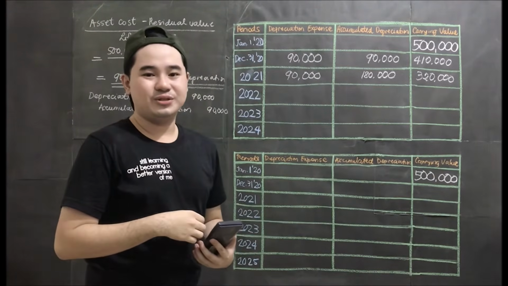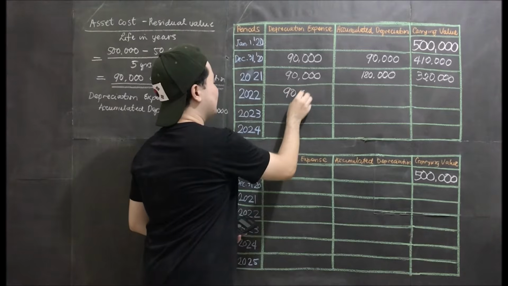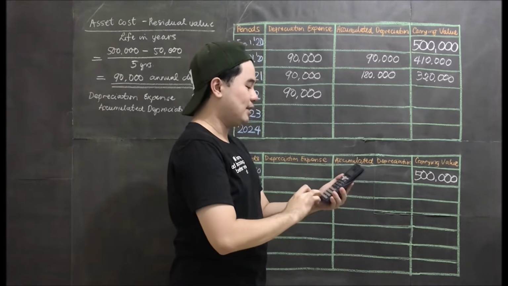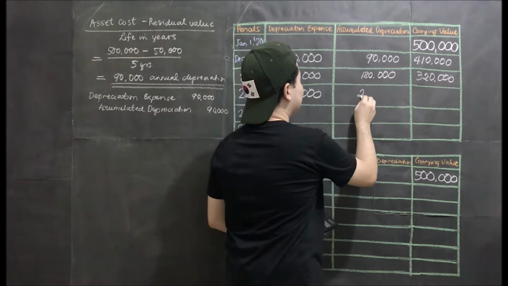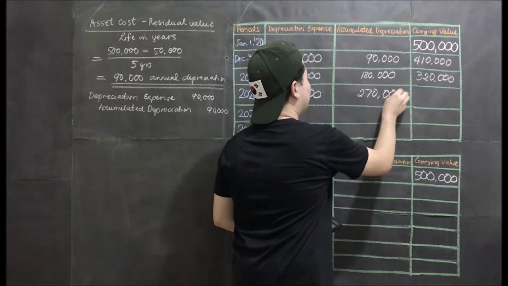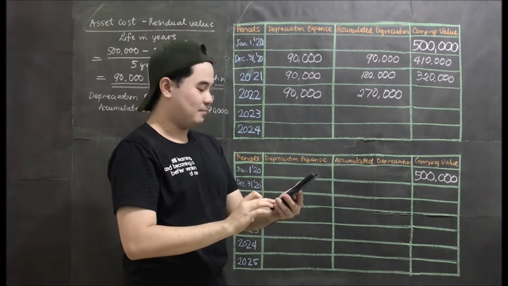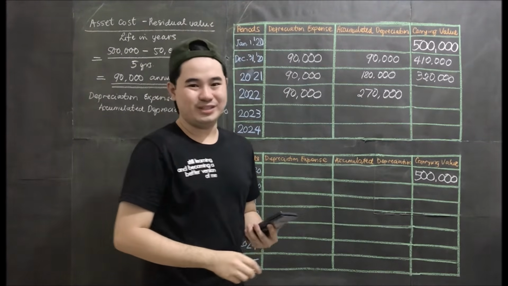Next year of the asset, third year of the asset, the depreciation will also be 90,000. Then the accumulated depreciation would be 180,000 plus 90,000, 270,000. And then your carrying value would be 500,000 minus 270,000, which gives you 230,000.